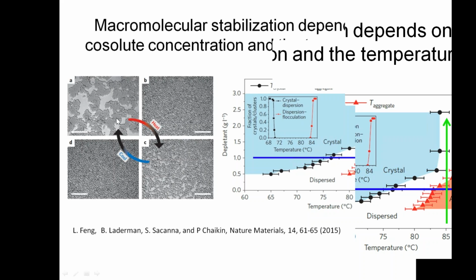So in these beautiful experiments, they could use cosolutes to drive the colloidal suspension between three different regimes by varying the temperature. And this phase diagram is by varying the cosolute concentration at a single temperature, meaning looking at the isotherm. One can also see an effect on the structure, on the most stable state of the colloids.